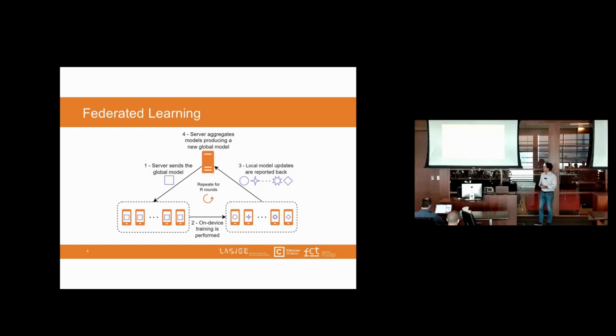Okay? Now, this new version of the global model will then again be distributed to a novel set of clients who will produce a new version, and then we'll continue this process until we have a global model that has the properties that we would like.